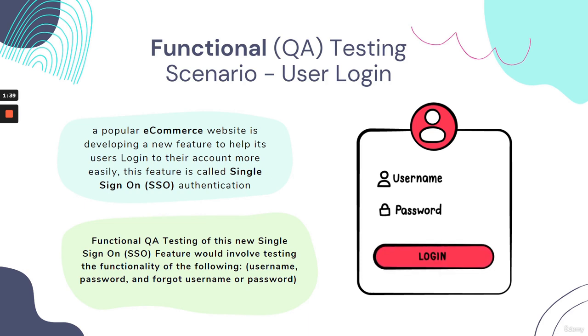This feature is called Single Sign-On, or SSO, authentication. Functional QA testing of this new Single Sign-On SSO feature would involve testing the functionality of the following: username, password, and forgot username or password.